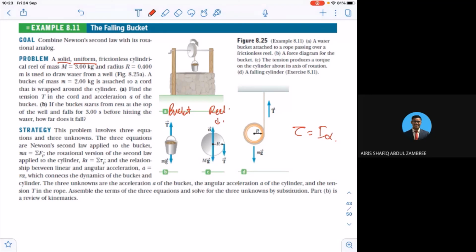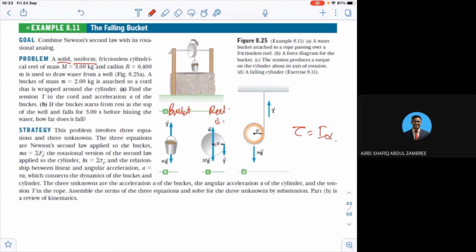Try to imagine this. This is the reel, and it is put on wooden stands that hold it so that it can rotate easily.